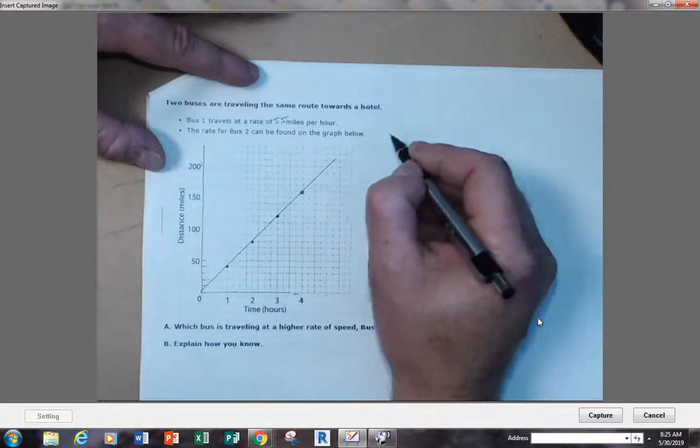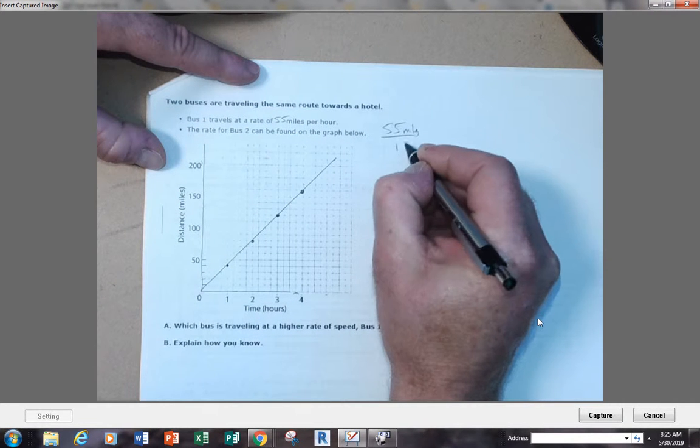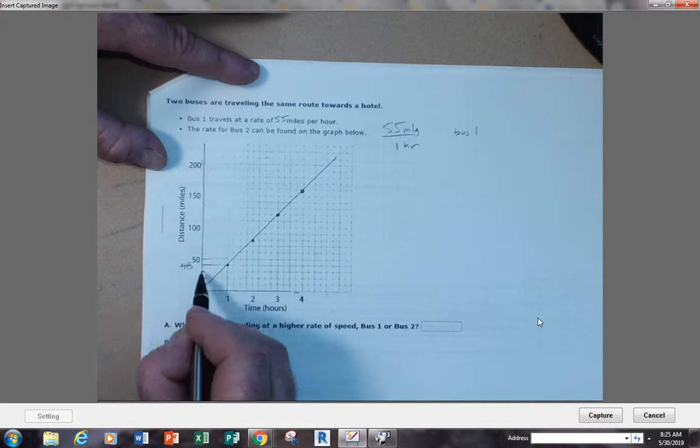This one, bus 1, 55 miles for every 1 hour. Bus 2, you can see for this one, it's just below 50. So maybe about 48 or so, maybe I would say, or maybe 47, 46.